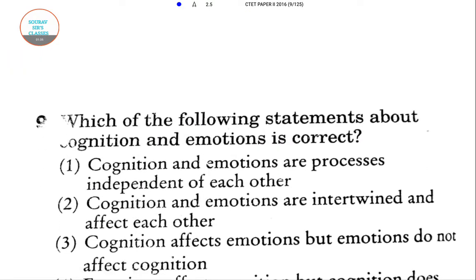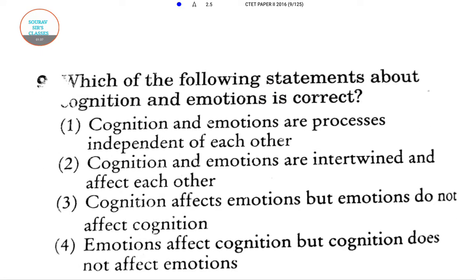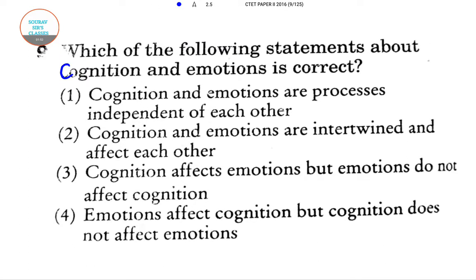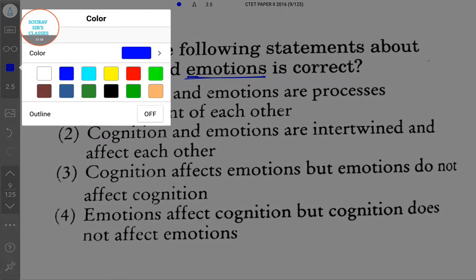The question is, which of the following statements about cognition and emotions is correct? So we have to find out which statement is correct about cognition and emotion, and here again four options are given.